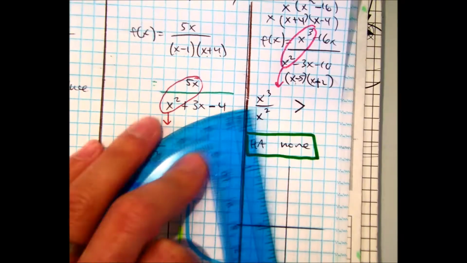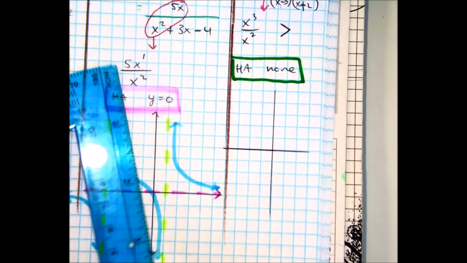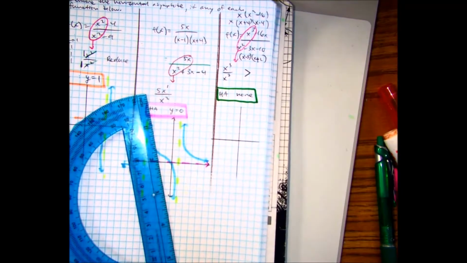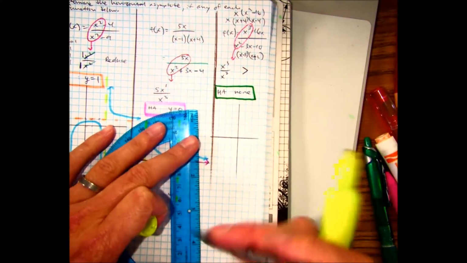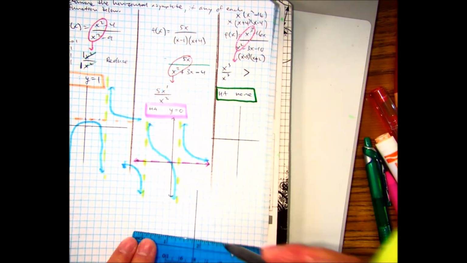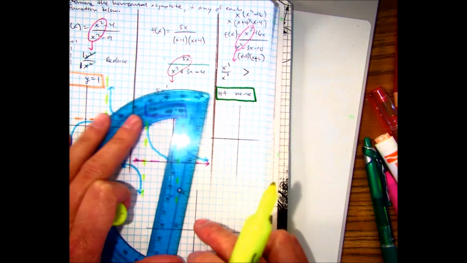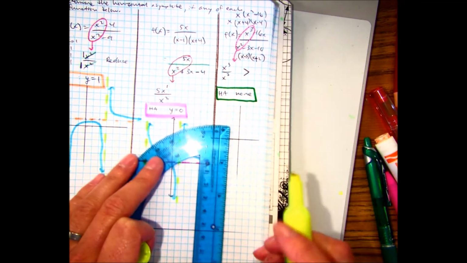It's kind of off my... just go down here. Make a bigger one. So 1, 2, 3, 4, 5.